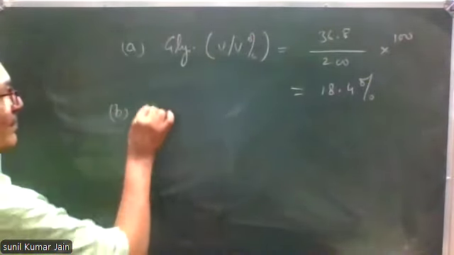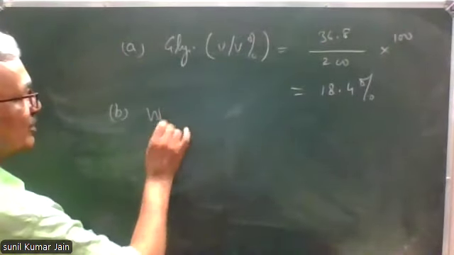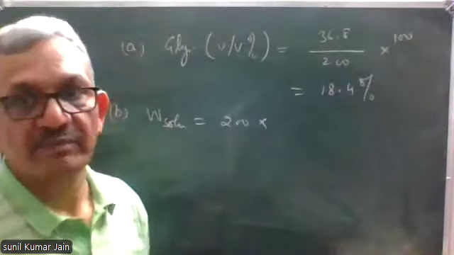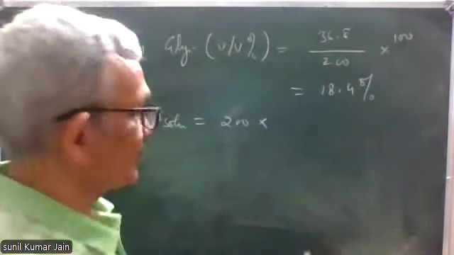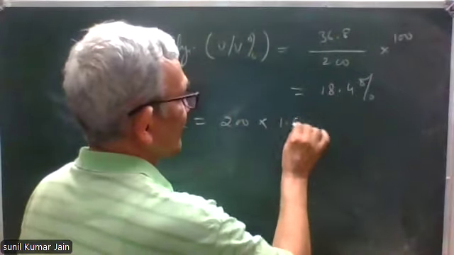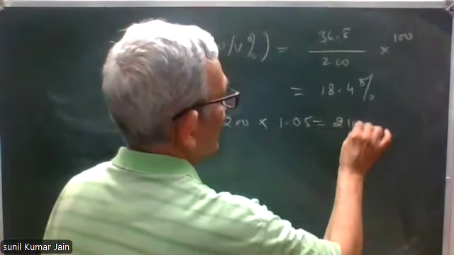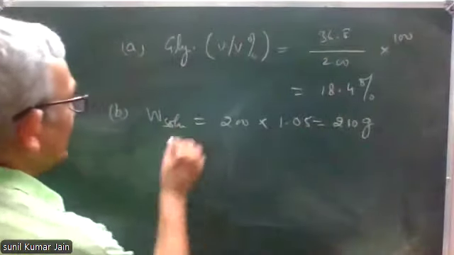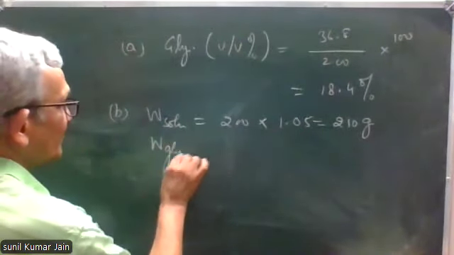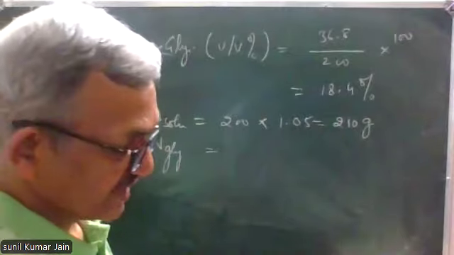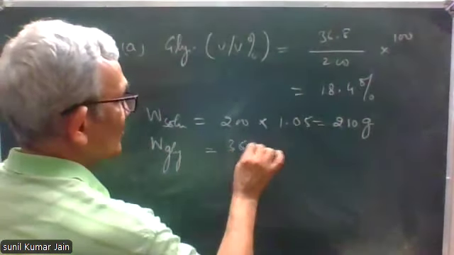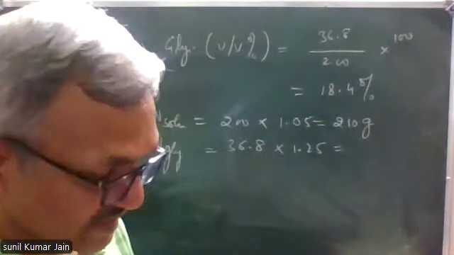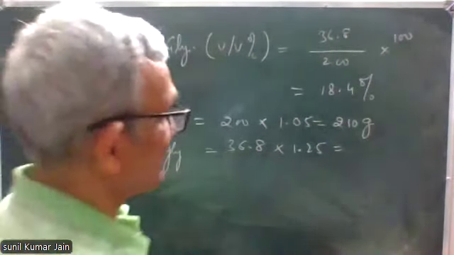Now for B part, we need weight of solution. 200 multiplied by density of solution, 1.05. So weight of the solution is 210 grams. Then weight of glycerine, 36.8 cc multiplied by density. So weight of glycerine is 46 grams.